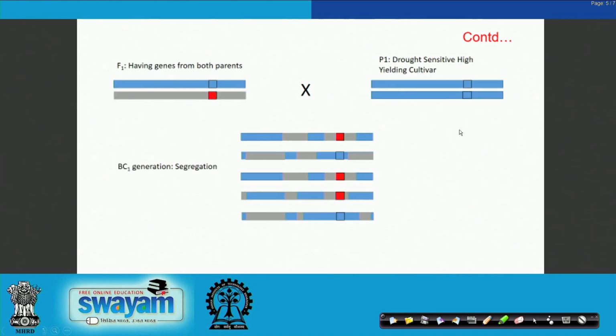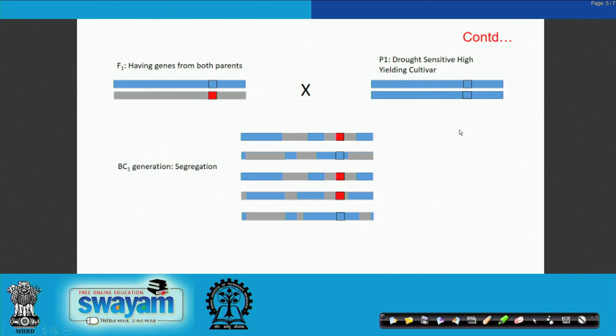In the next generation, as in backcross, the F1 will be crossed with the recurrent parent again and again. The recurrent parent is the drought sensitive high yielding cultivar we have used here, but it has other traits which are very favorable. It has good yield potential, good agronomic traits, other characters are fine, only it was drought sensitive.